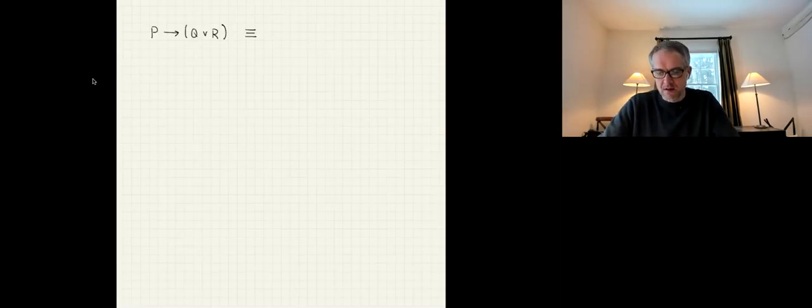This will be more clear as I go through this example. So this triple bar means logical equivalence, but of course it also means interderivability, as you can prove the one from the other and vice versa.